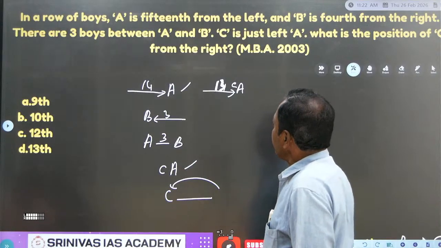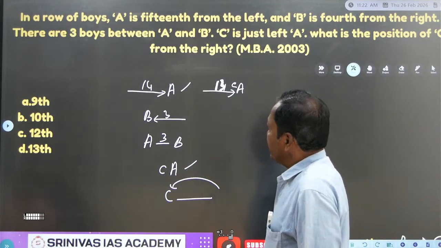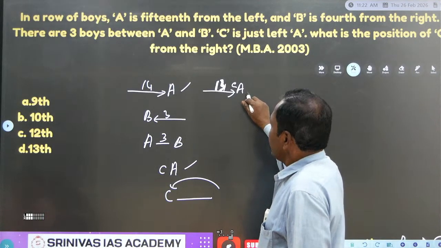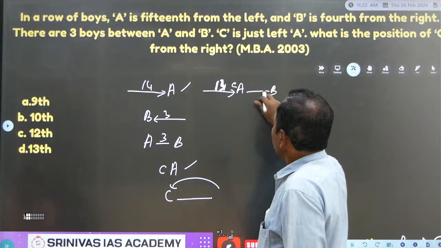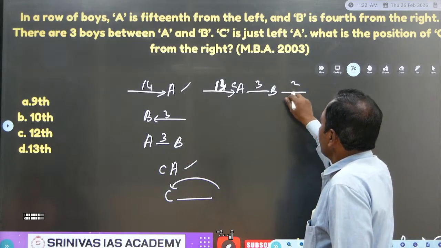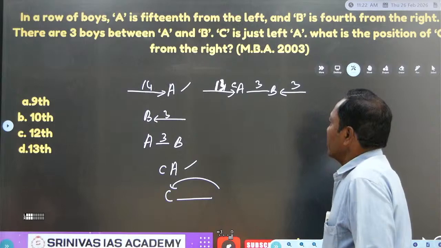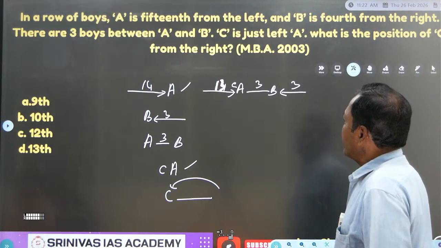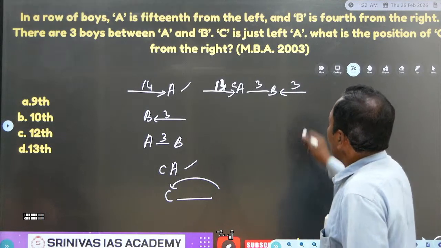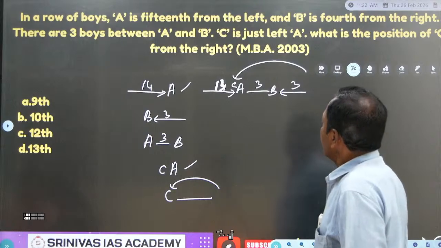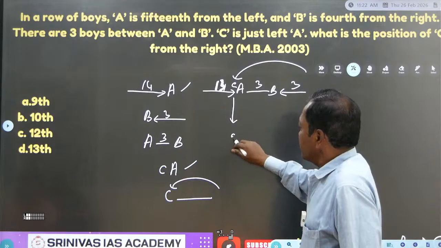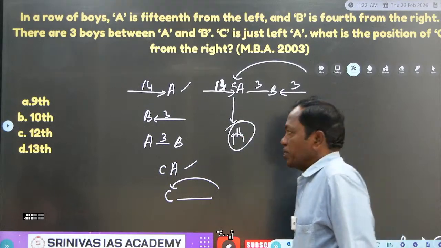So 3 plus 1 plus 3, and then adding 1 for the last. What is the position of C from the right? 9th position. Right. 3, 4, 7, 8, 9th. It becomes the 9th position.